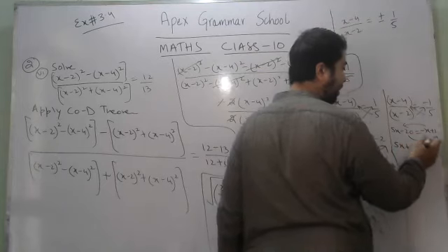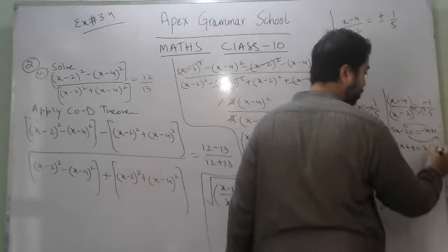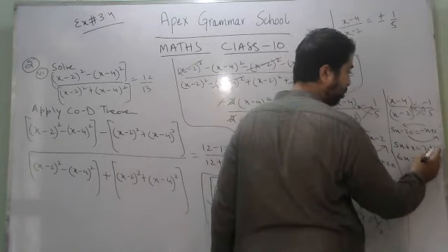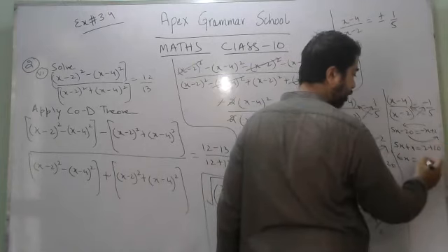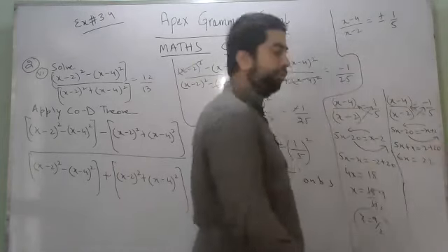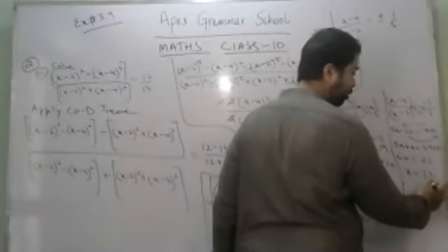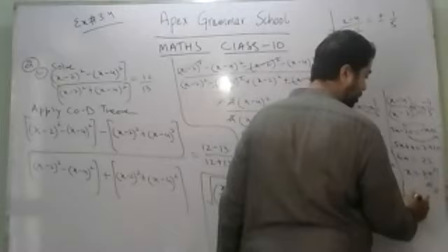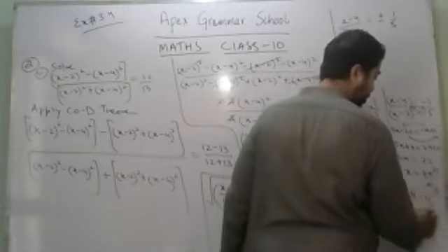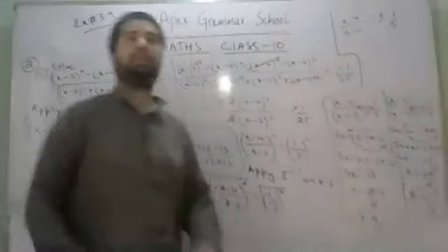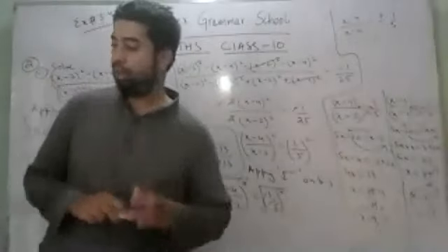Find the value of x. 2 plus 20 is 22. 6x is equal to 22. So now 2 3s are 6, 2 11s are 22. The second solution is the value of x is equal to 11 over 3.